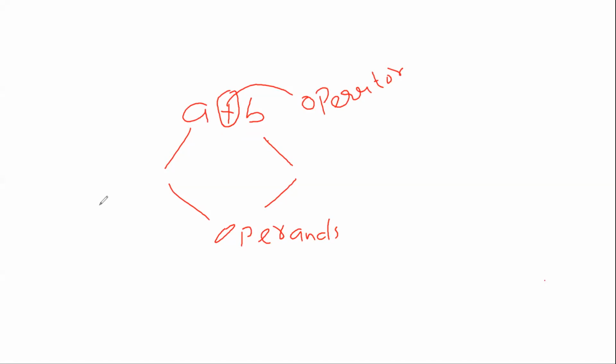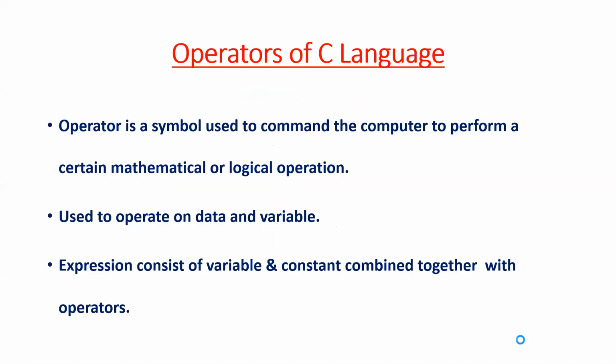Come to the point. So, what is an operator? I repeat it. An operator is a symbol used to command the computer to perform certain mathematical or logical operations. Logical means less than or equal to, true, false, like this. Second point is that these operators are used to operate on data and variables.